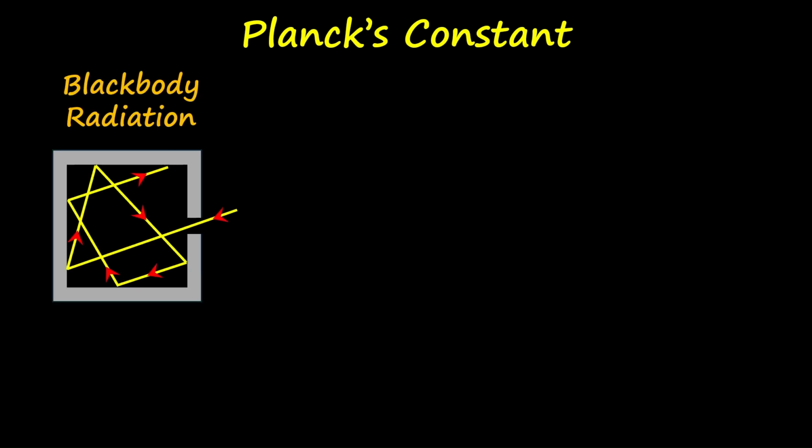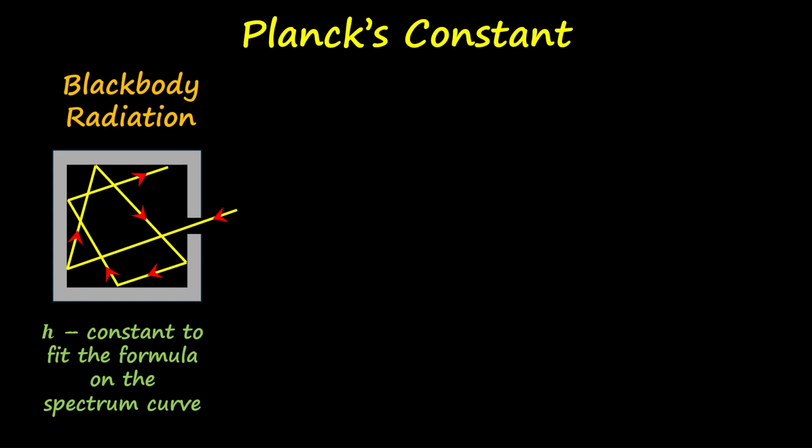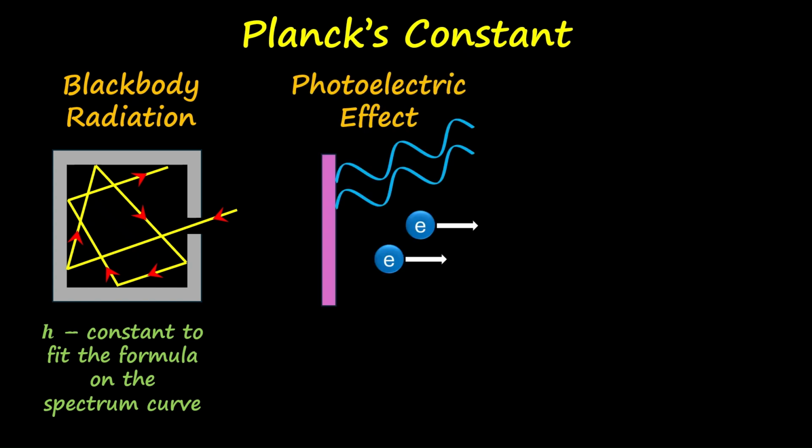In quantum mechanics, there is a very important constant known as the Planck constant. Initially, this constant appeared when people tried to fit Planck's formula to the black body spectrum curve. Later on, Einstein used this constant to propose the idea that electromagnetic waves are packets of energy known as photons.